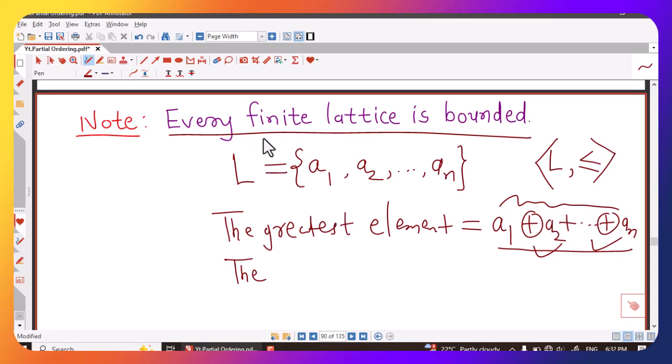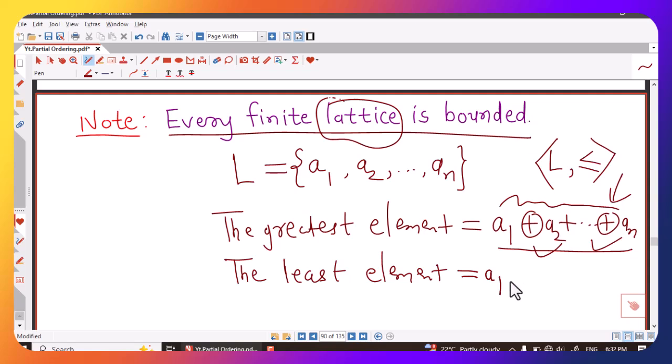And because we have a lattice, this always exists in a lattice. Similarly, the least element of this finite lattice will be equal to greatest lower bound of all these elements, and this also always exists in a lattice because of the definition of lattice.